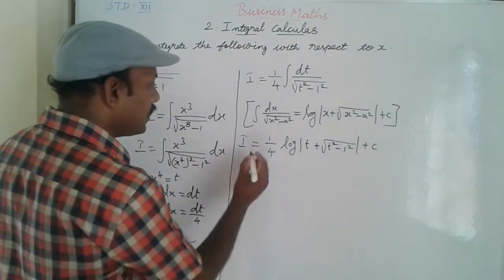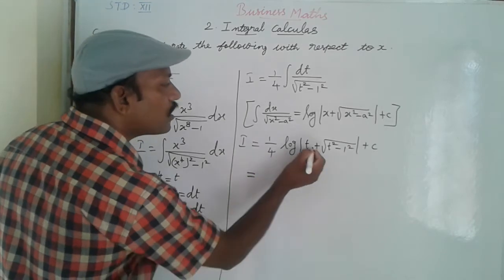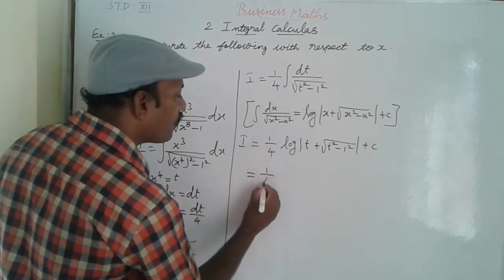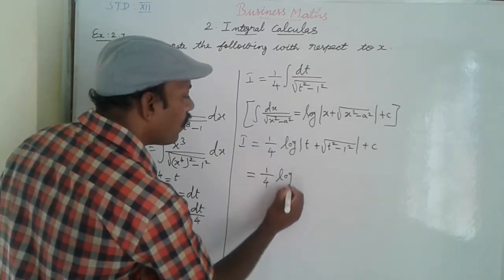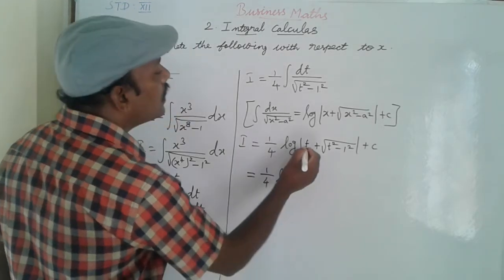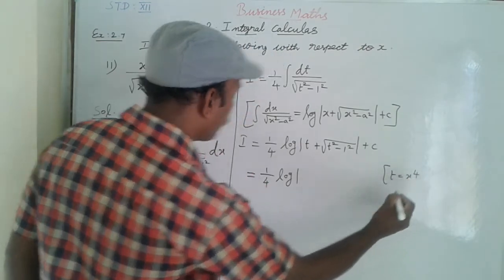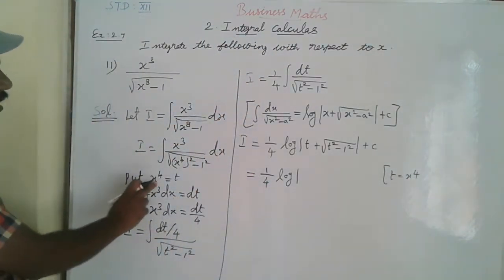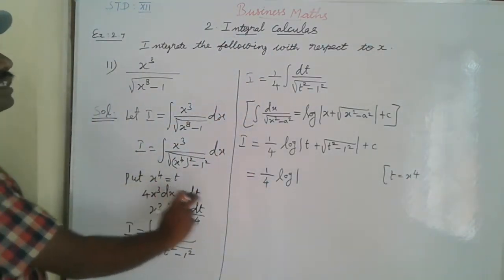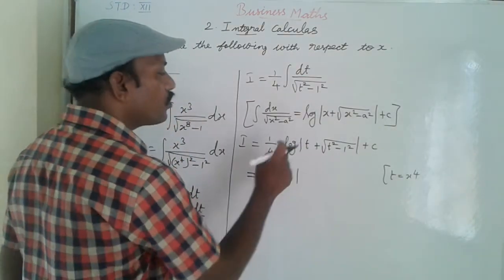Now we should substitute the t value. 1 divided by 4 log of modulus. We know that t equal to x power 4, already taken. So t equal to x power 4 we should substitute here.